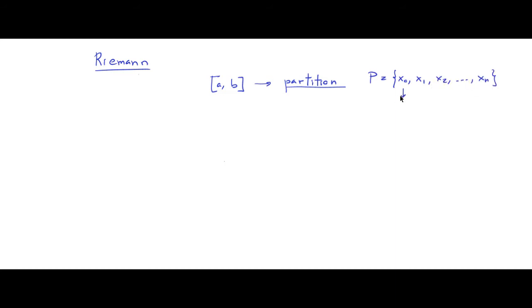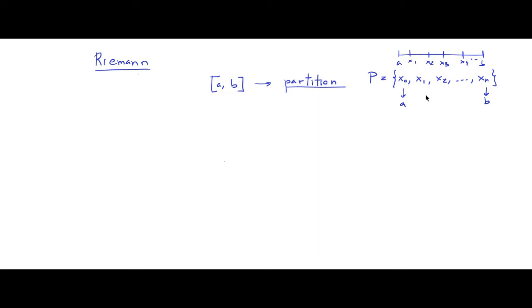Where x0 is equal to a and xn is equal to b, and x1 up to xn-1 are points between those, just like those that we chose. So this is a, this is b, and then we have x1, x2, x3. They don't need to be equally spaced, right? They can have any distance between them.